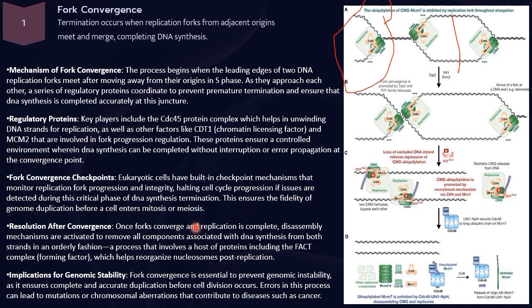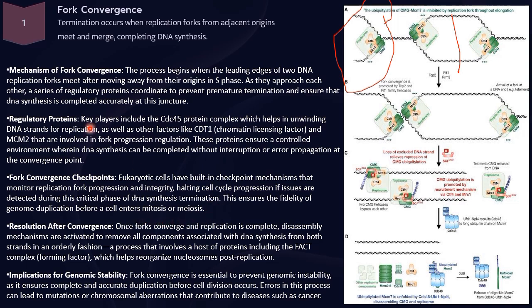If any issues or mutations are there in the termination process, then the entire process will get halted until the problem is solved during the phase of DNA synthesis. This ensures fidelity in genome duplication before mitosis or meiosis. As we know, the DNA replication process takes place in the S phase.